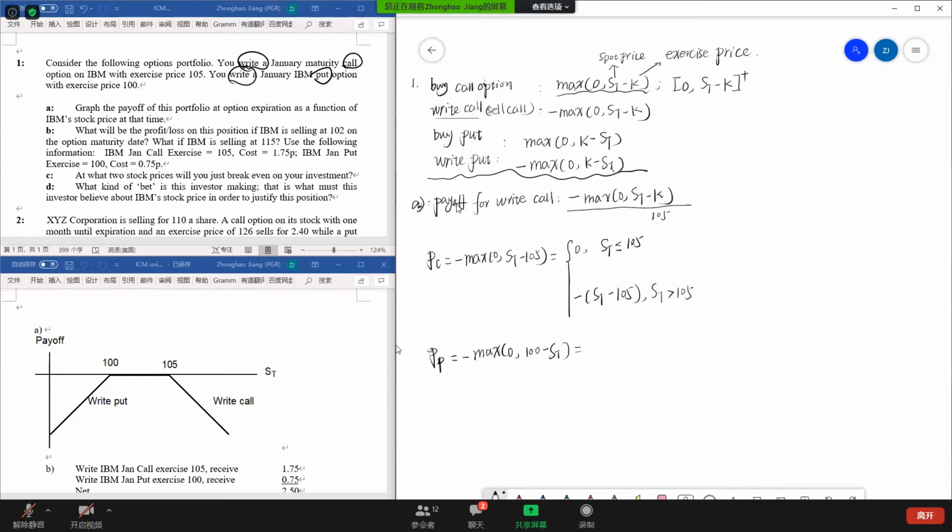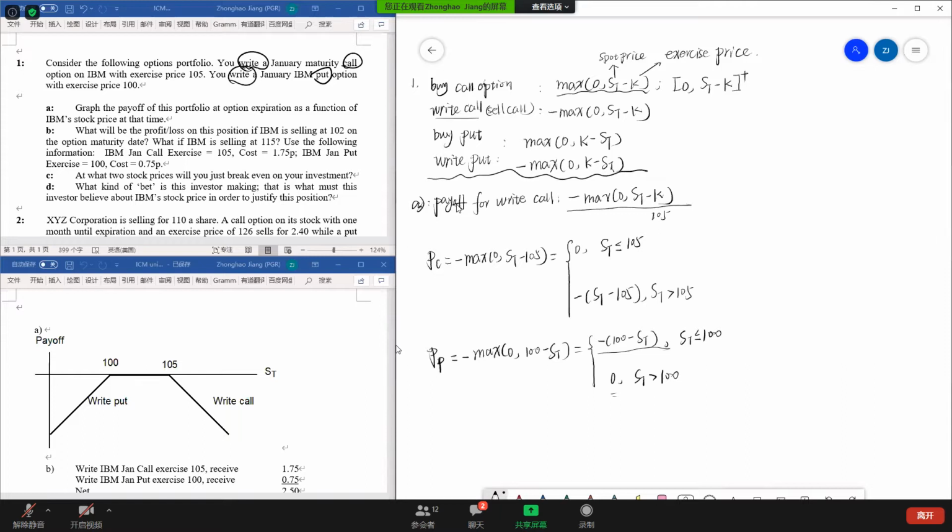So when the stock price is smaller than 100, the payoff is this, and when the stock price is larger than 100, the payoff is 0.